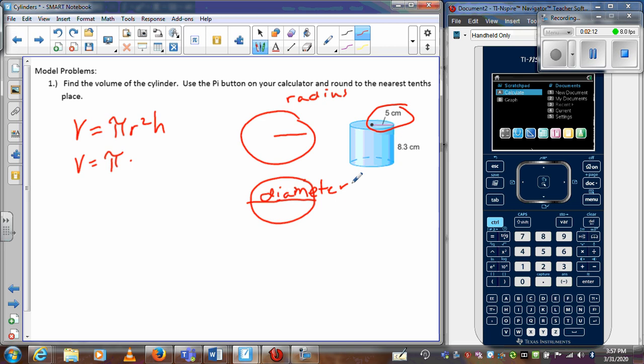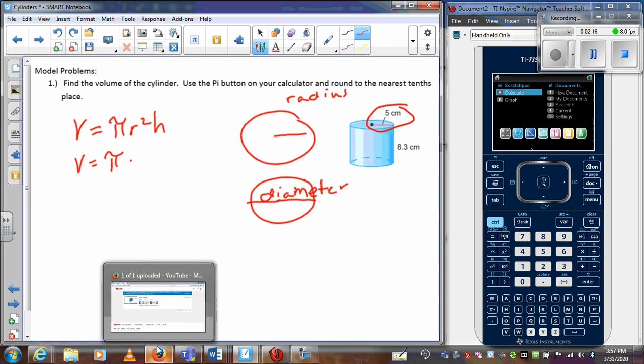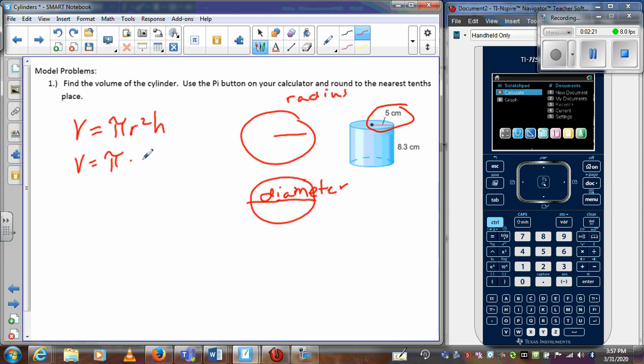You'll have to forgive my handwriting on this. I'm not very good at writing on these. Okay, so if we take a look at this question right here, our radius is 5. So that's going to be 5 squared times the height, which is 8.3.